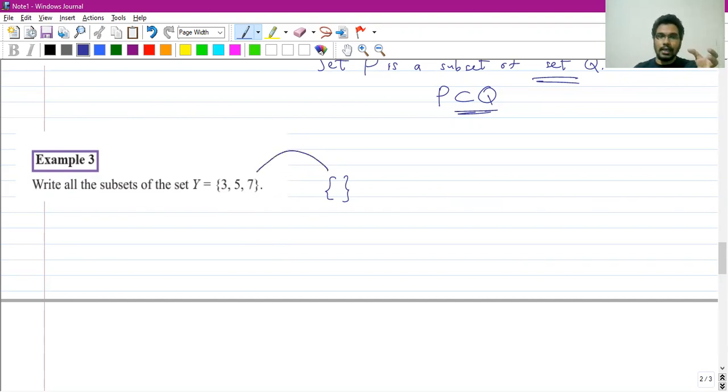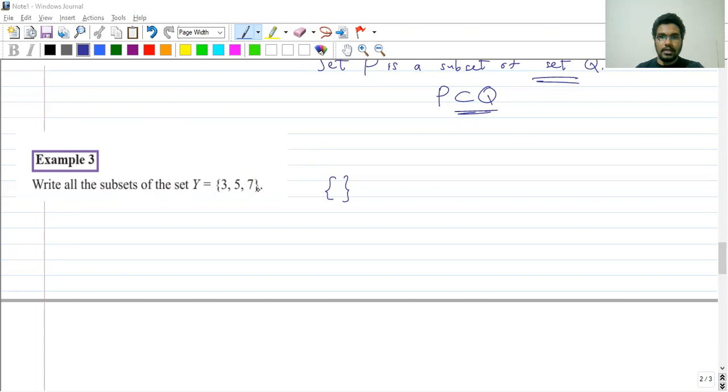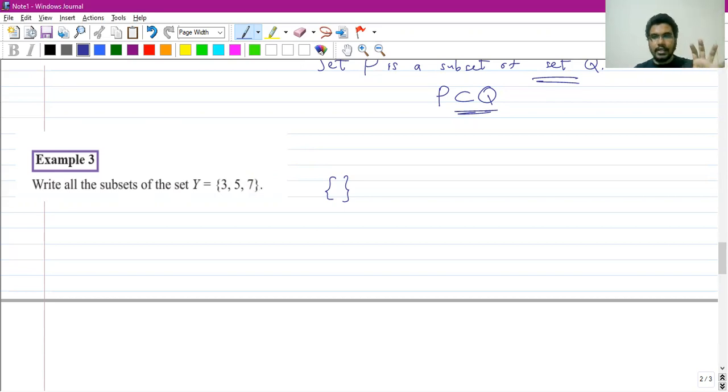So there is nothing as a null set. Okay. However, try to understand it. When we write a subsets, we can take the null set also as a subset of this given set.